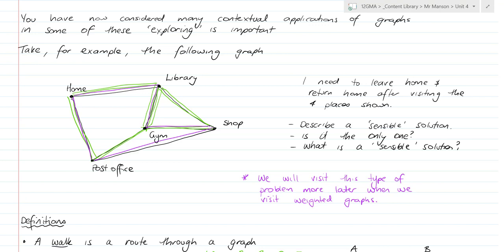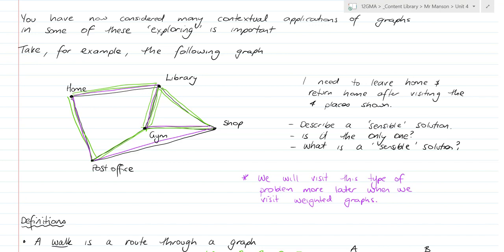And who knows, maybe on my adventure I get to the shop and go, oh, this road's closed, I've got to go this way. Maybe I had to do that. Maybe I've got to retrace a path. There's a contextual reason perhaps. Perhaps I just have no idea how to drive myself around in a sensible manner. So that's kind of what I mean by a sensible solution.